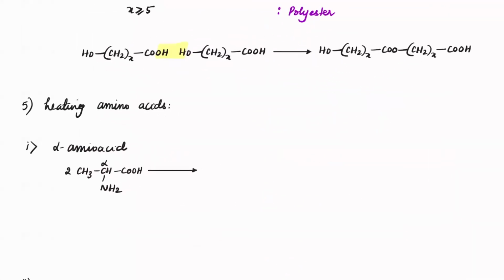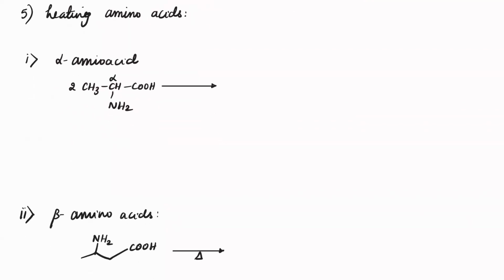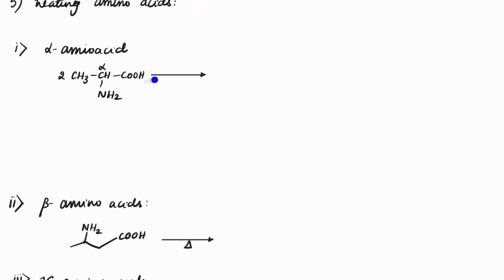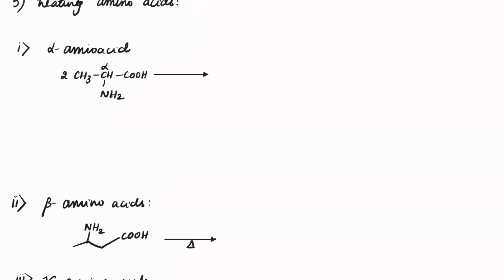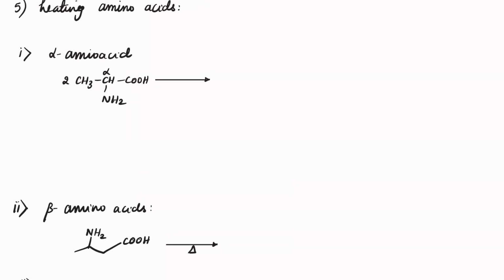Now see, the way we have done it for hydroxy groups is the same way we'll do it for amino acids also, alpha amino acids and so on. Starting with first alpha amino acids. Okay. What do we get? I told you whenever it is alpha, you'll go for more cyclic formation.